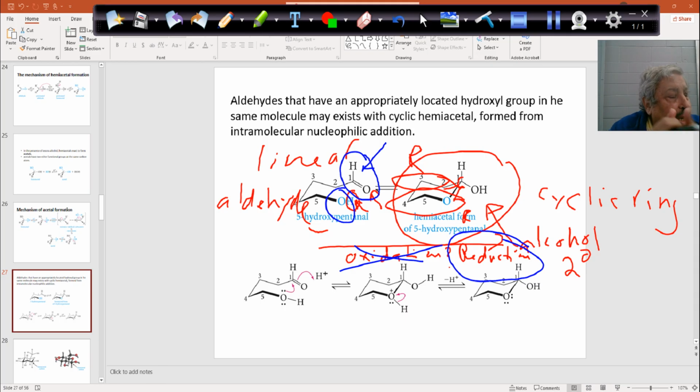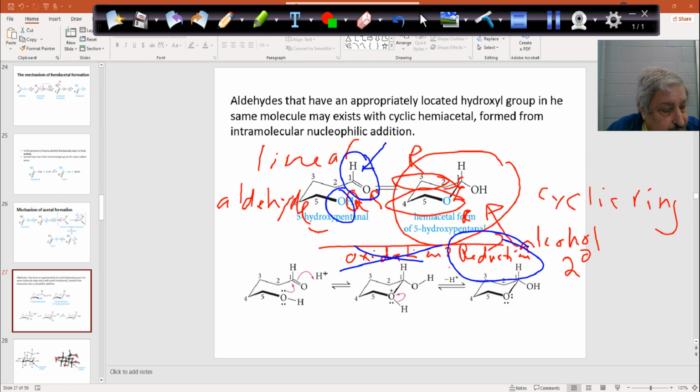So the alcohol will then be named as a substituent, hydroxy, correct? This hydroxy is connected to carbon 5, so 5-hydroxypentanal. And then the cleavage of this OH, the hydrogen or proton out of the OH, will go to the oxygen nuclei. Remember, oxygen is partially negative.